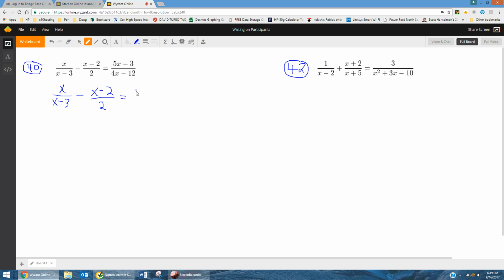And that means for this denominator, we're going to factor out a 4.